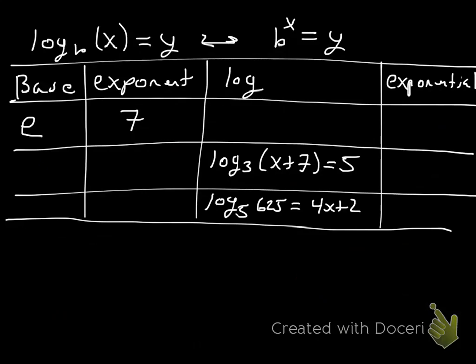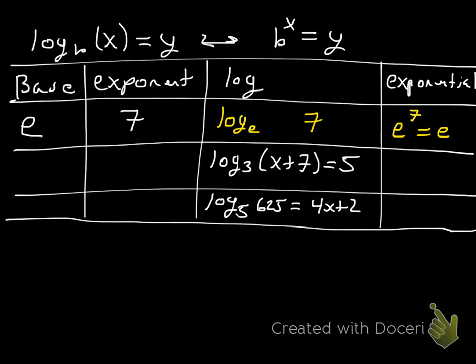Okay, if you want to pause the video and try to do this, go ahead. Okay. If we look at the first one, the base is e, the exponent is 7. So in the exponential form, that'd be, and logarithmic form, we're still missing some stuff. So base is e, exponent is 7.